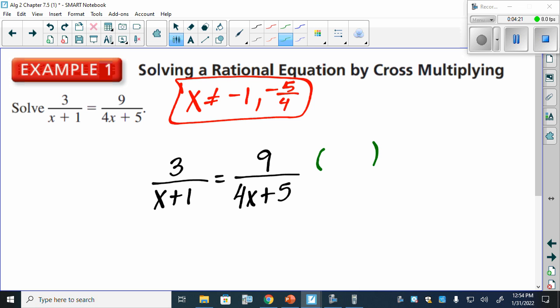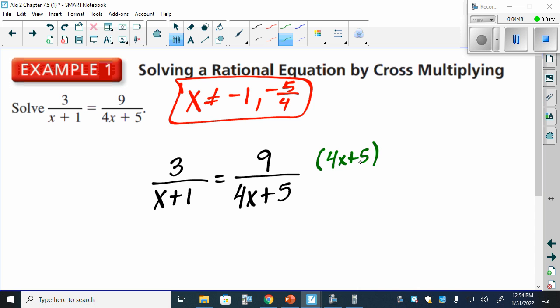Using a similar method here, what would I need to multiply 9 over 4x plus 5 by to get the fraction to simplify? Not quite, because here the denominator is 4x plus 5. So if I multiply 9 over 4x plus 5 by 4x plus 5, the 4x plus 5 and 4x plus 5 would simplify.